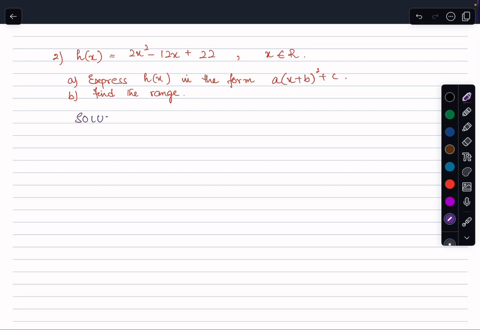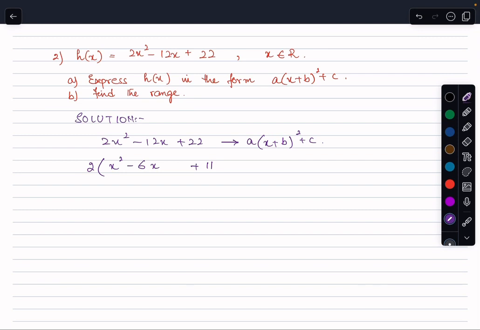So if we start with the solution, I need to express 2x squared minus 12x plus 22 in the form a bracket x plus b the whole square plus c. I have to make the coefficient of x squared as 1, and for that I can take the 2 common, so that I'll be left with x squared minus 6x plus 11 here.